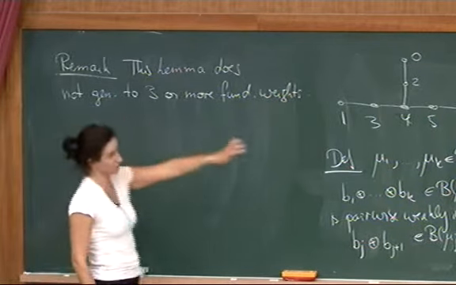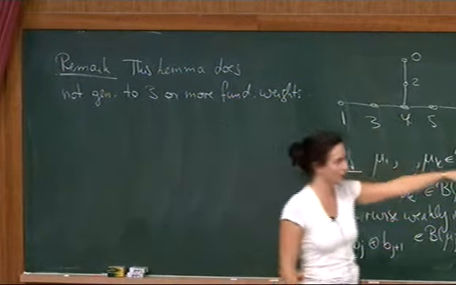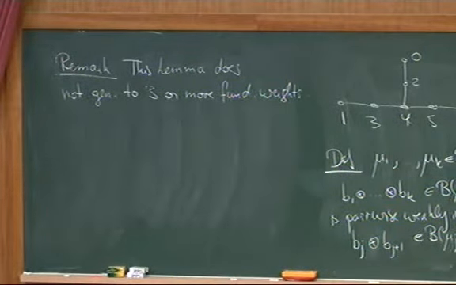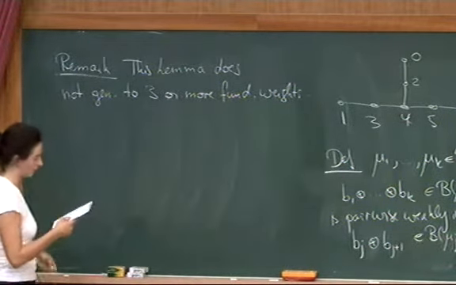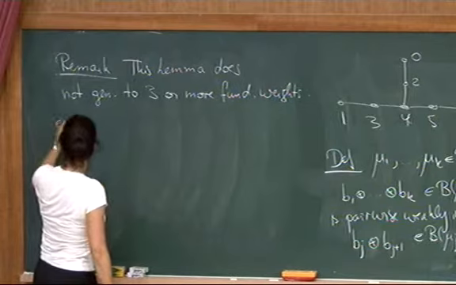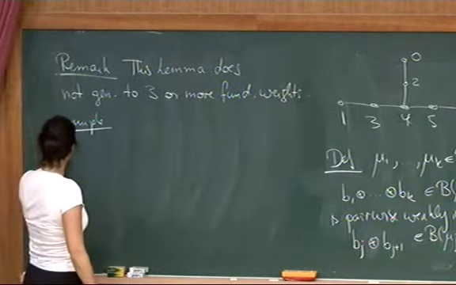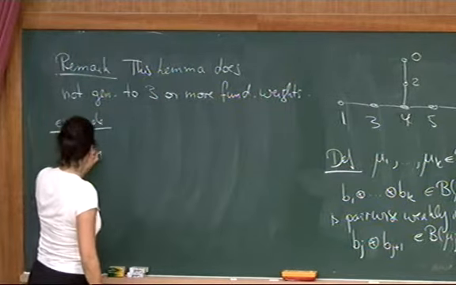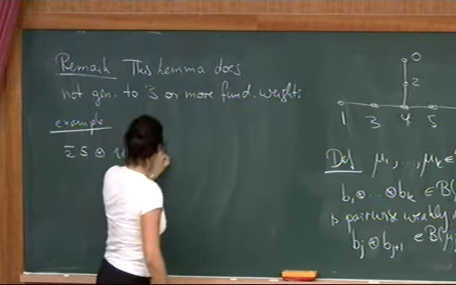Okay. But anyway, this particular lemma definitely does not go through if we put 3 different things in there. As an example, take 2 bar 5 tensor u6 tensor u2.